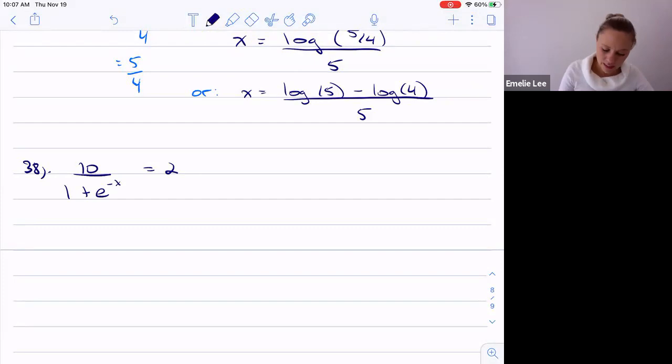Okay. So I need to isolate the e to the negative x because I'm trying to solve for x.